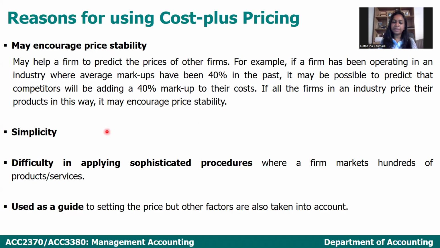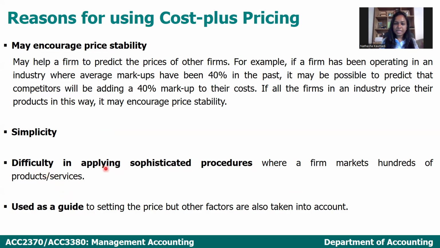Simplicity. It's simple, right? Now you know how to decide the price based on cost plus pricing. Basically, you take the cost, whatever cost you can take, you add a suitable profit markup, and then you decide the selling price. Difficulty in applying sophisticated procedures where a firm markets hundreds of products and services.